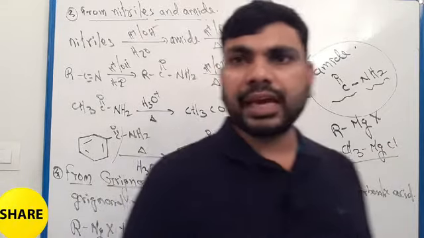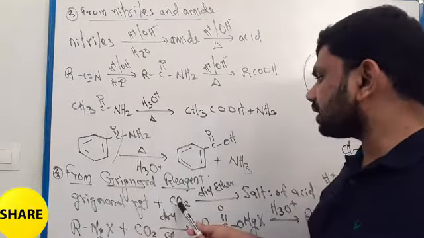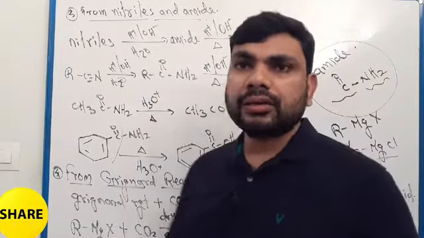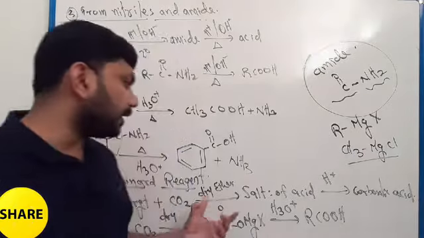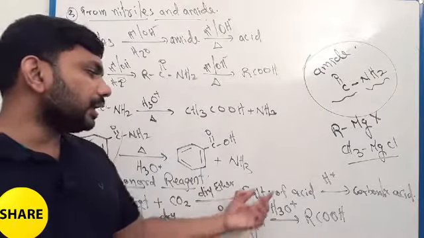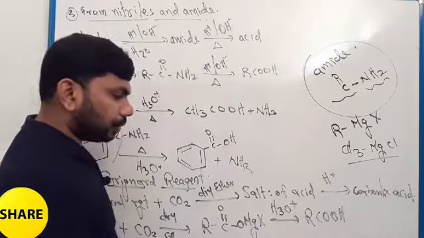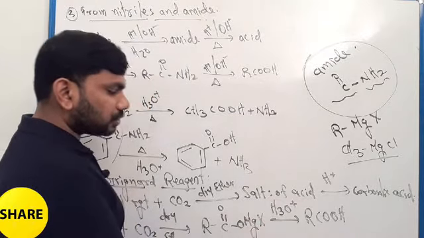Grignard reagent we can change to carboxylic acid. Look here, Grignard reagent is treated with carbon dioxide in the presence of dry ether, and it changes to an intermediate compound of this type. This is a salt of acid.